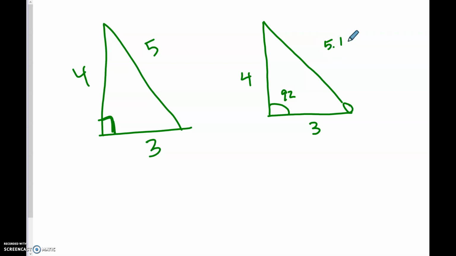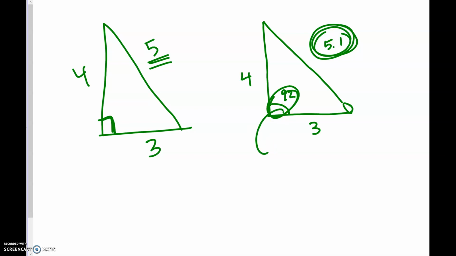Let's just say 5.1 squared. And what happened to this angle is that it got bigger. So if a squared plus b squared, if c squared is bigger, okay, it got bigger. It's not equal to, but it got bigger here.